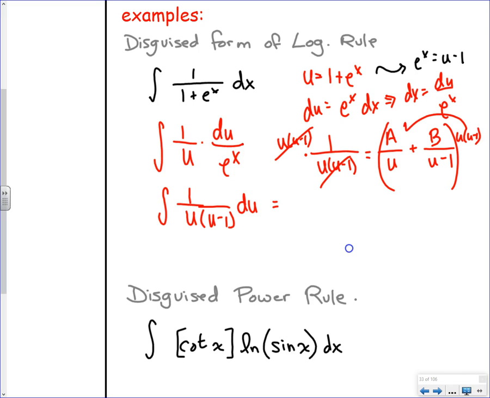What happens when I distribute in there? What do you got left? The u cancels and you have a times the u minus 1. What happens when I multiply into there? u minus 1. Do you remember now?